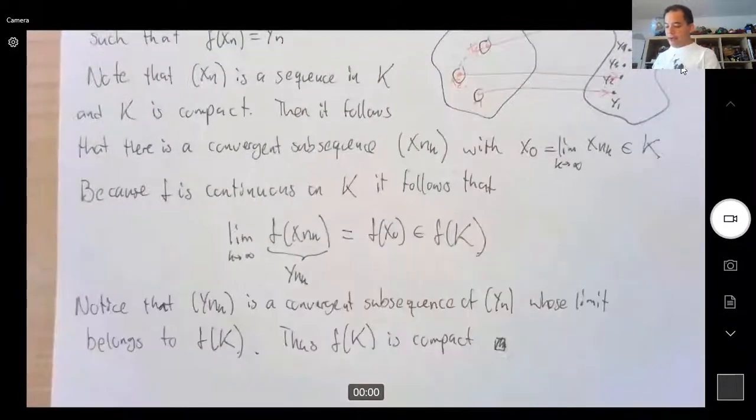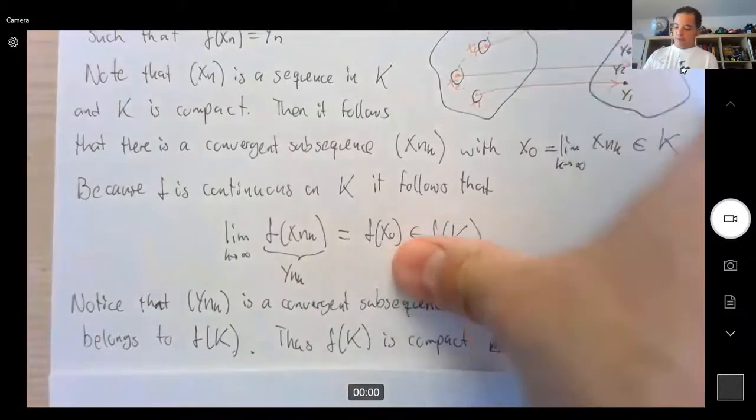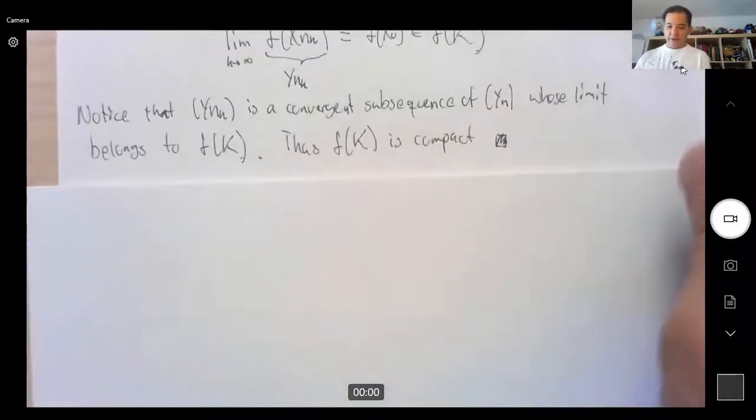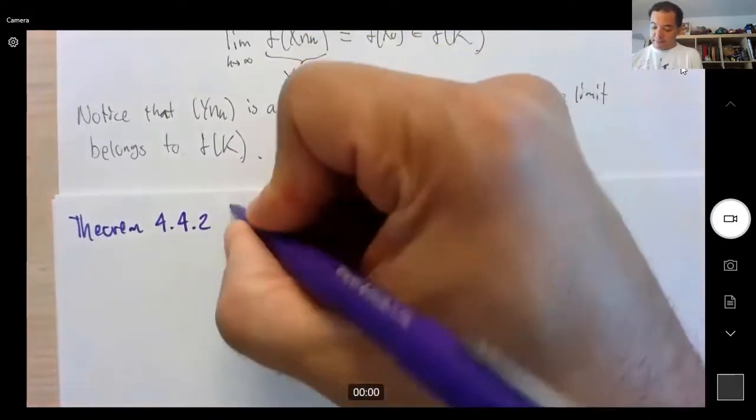Let's talk about that. So first, we have this one, which is super important, theorem 4.4.2 in our book. And we use this in calculus all the time. We used to call it the extreme value theorem.